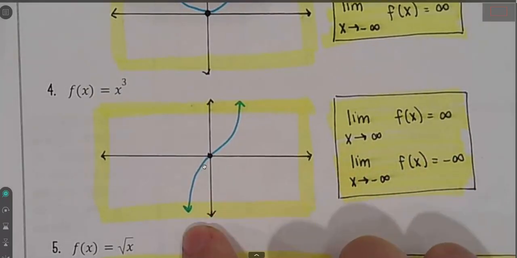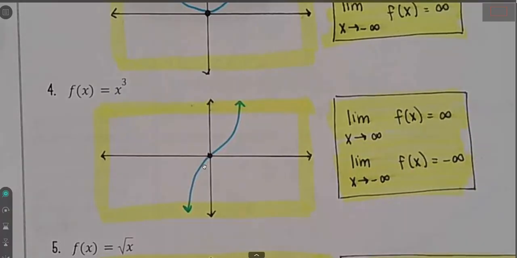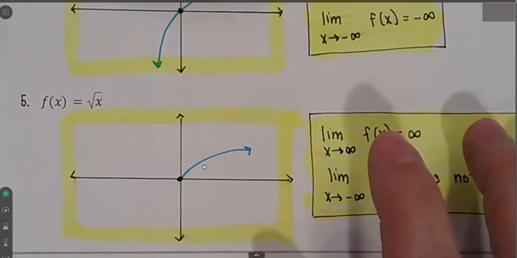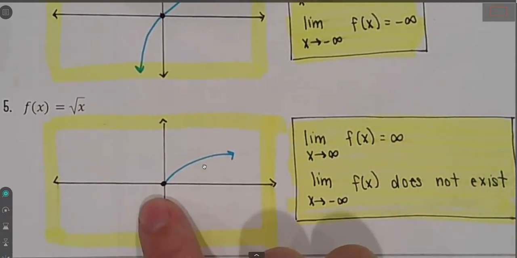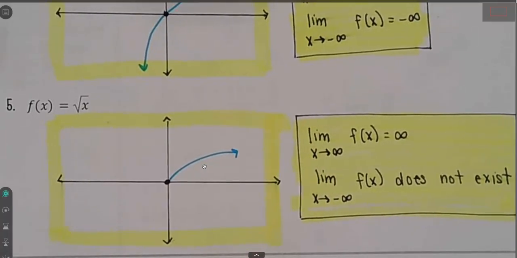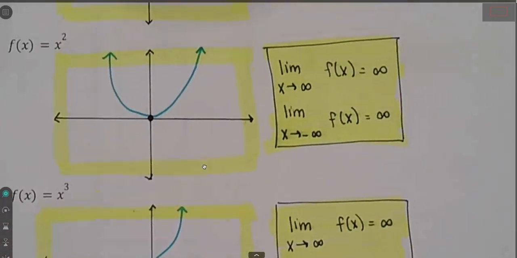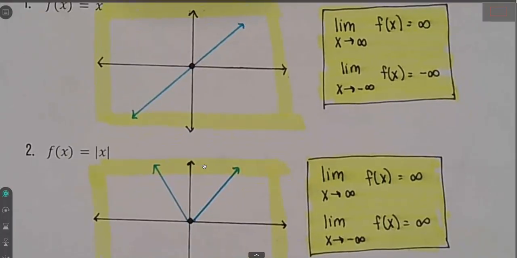This one is going down this way, up this way, so infinity, negative infinity. And finally, as x approaches infinity, this equals infinity, but x does not approach negative infinity, so this limit does not exist. I went through that really fast. I'll go back and slower. Here are the first two.